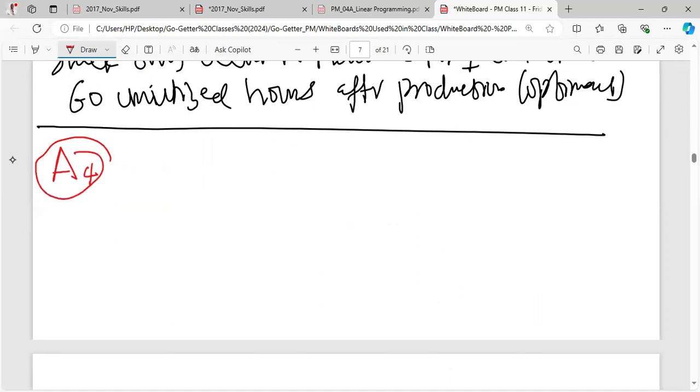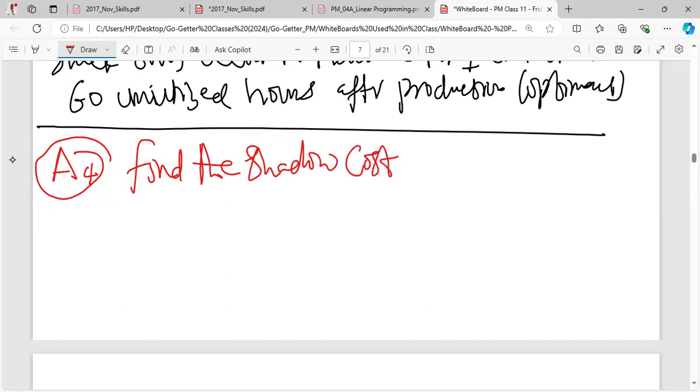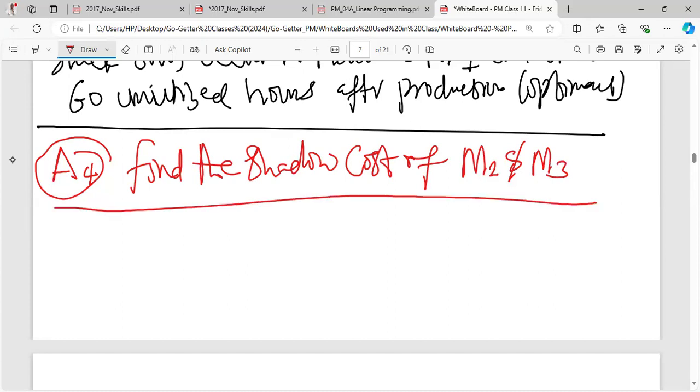A4 is to find the shadow cost of M2 and M3. Now, you only find shadow cost on those machine hours that gave you the optimal value, never on M1, because M1 has a slack variable.